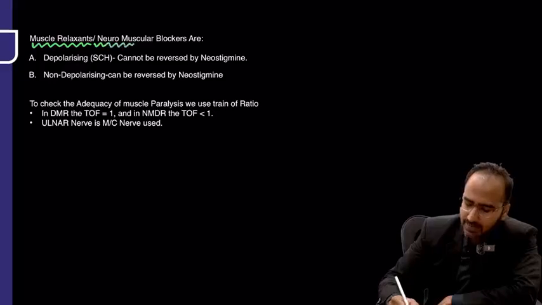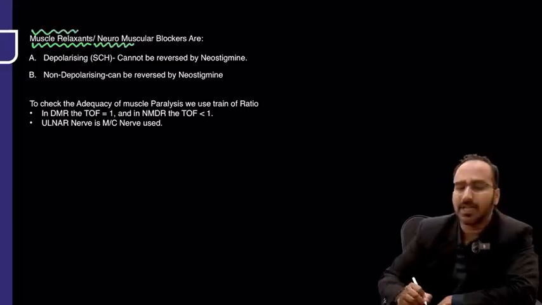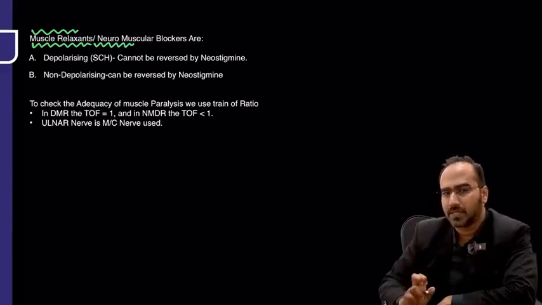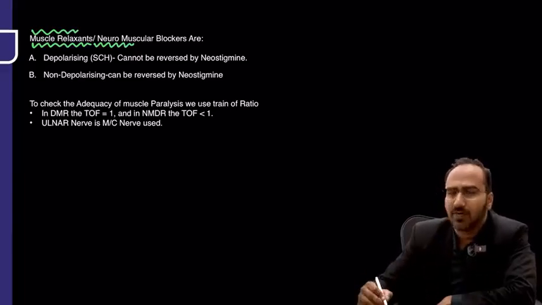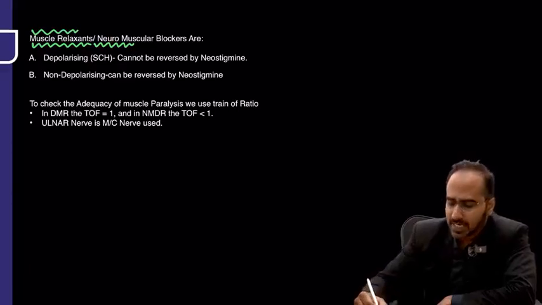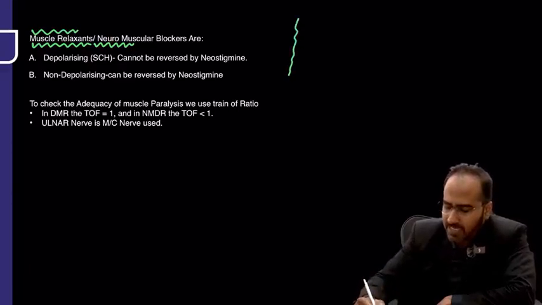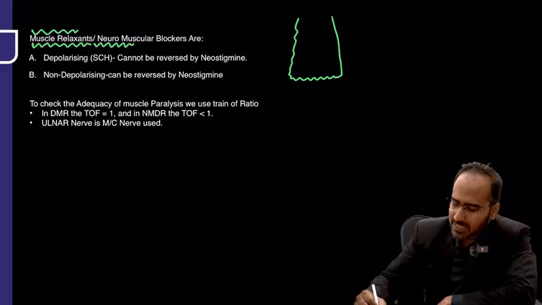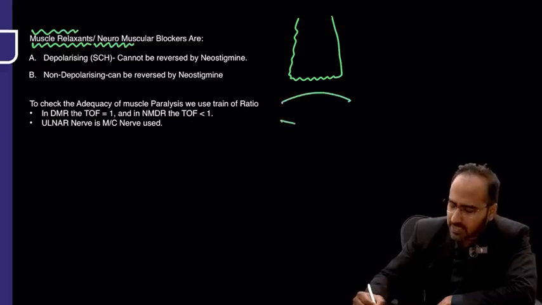While we are discussing the muscle relaxants, muscle relaxants are of two types. First of all, guys, remember, whenever you give a muscle relaxant drug, where will it act? Imagine this is the nerve and here is the muscle.